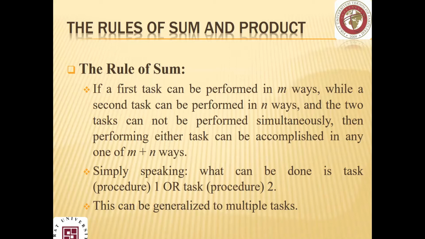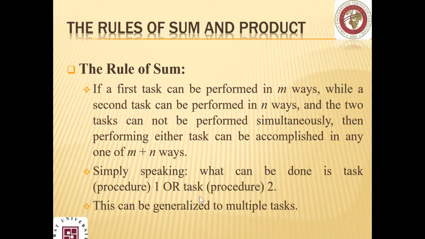say m ways. So we can do the first procedure in m ways and the second procedure in n ways. Then the total number of possibilities or ways that we can do both procedures is exactly the summation of the outcomes from the first procedure plus the possibilities of the second procedure.